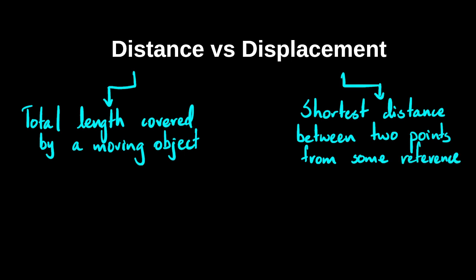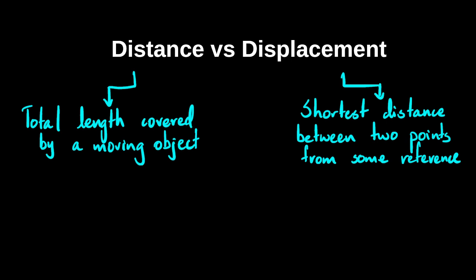So don't worry, the definitions of these will never be asked in your exams, but what's more important is the understanding of these, which actually will help you later in more advanced concepts. So displacement is the shortest distance between any of the 2 points, and there needs to be some reference from which the displacement is being measured.